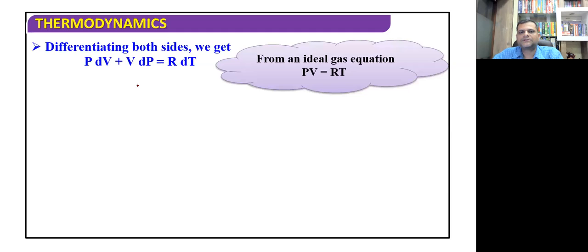Yes, if we just have this pv equal to rt and just differentiate it once, then we can get that. अब देखो इस pv equal to rt को अगर differentiate करेंगे तो यहाँ पे हमको मिलेगा d by dv of p into v, which must be equal to d by dv of rt, right?